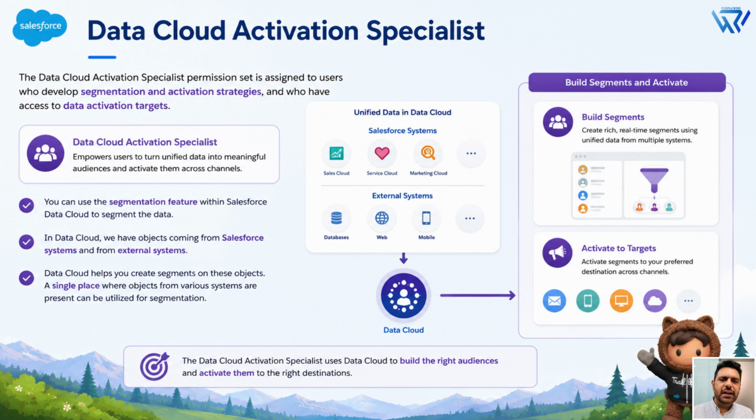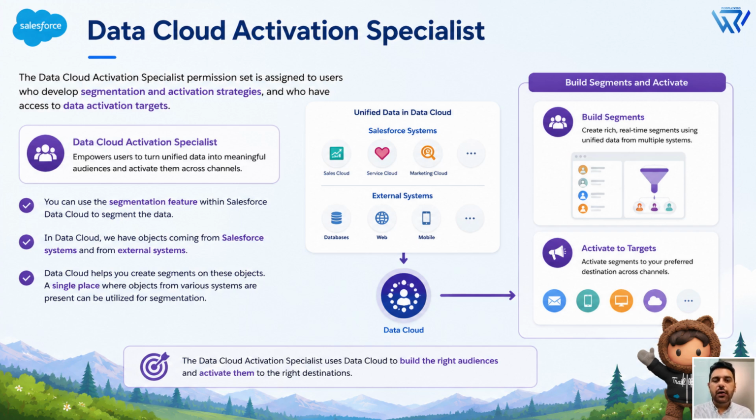Then we have Data Cloud Activation Manager. This user permission is assigned to such users who develop segmentation and activation strategies, who have access to data activation targets. You can use the segmentation feature within Salesforce Data Cloud to segment the data.